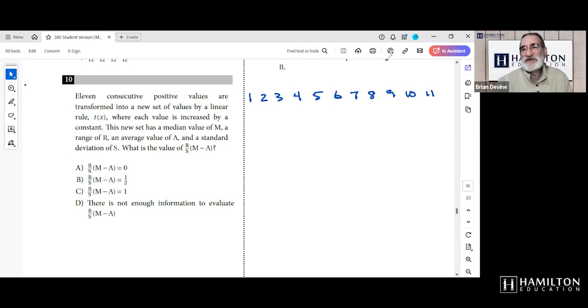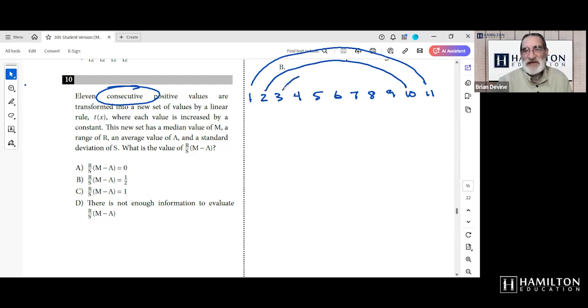But the basic idea here is that in a consecutive set of data, the average of the first and last is the same as the average of the second and second to last, which is the same as the average of the third and third to last, and so on, which is equal to the average of the entire set, which happens to also be the median.